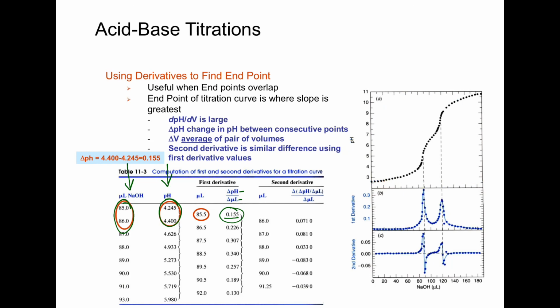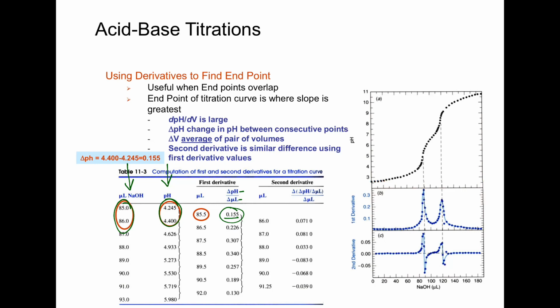You can use that titration curve to find the pH at the endpoint, so you could use that information to find the concentration of your weak acid or your weak base, whatever you're titrating, or you could use those pHs to find the pKa.